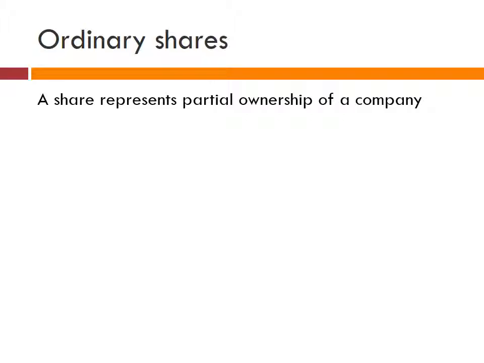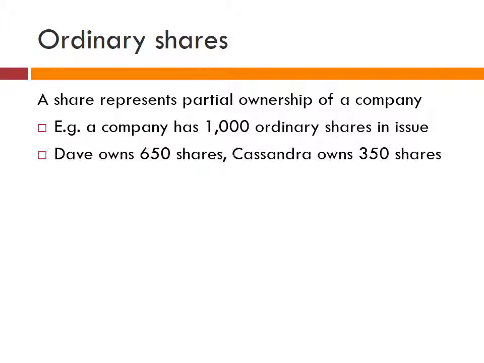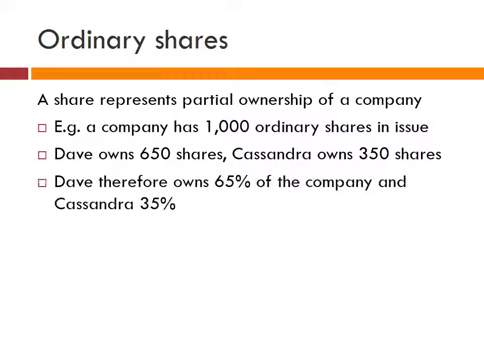So a share represents the partial ownership of the company. So for example, a company has, say, 1,000 ordinary shares in issue, and Dave owns 650 shares, with Cassandra owning the balance of 350 shares. As a result of that, Dave owns 65% of the company.